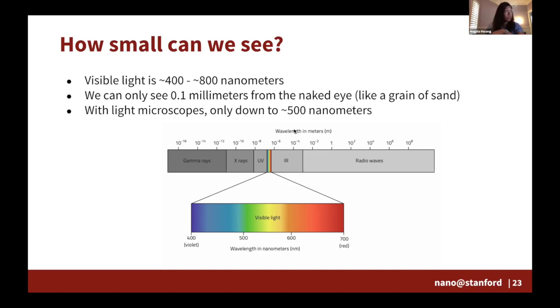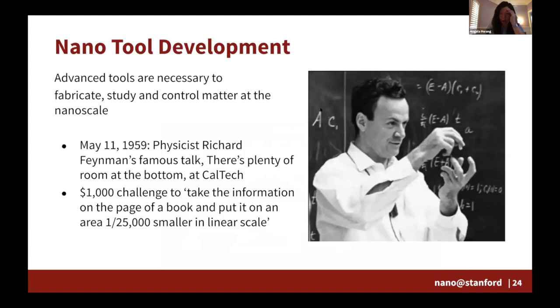All right. So what do we do when we're trying to look at something under 500 nanometers, right? We have to switch. So a big component is this whole nano tool development. There's a lot of history, right? And thinking back to day 1, we had the sword of Damascus and the Lycurgus cup, right?